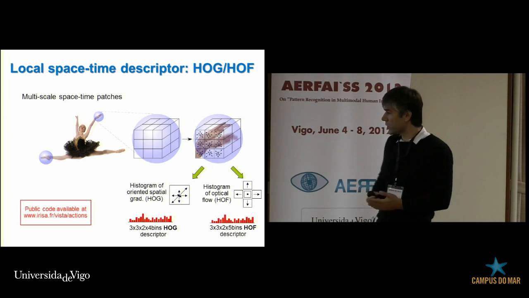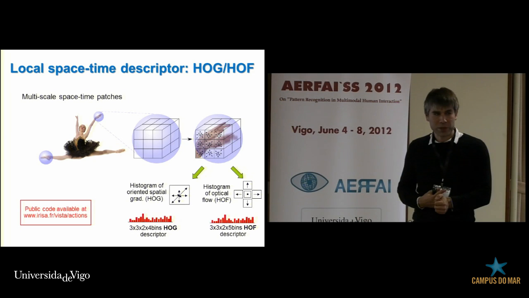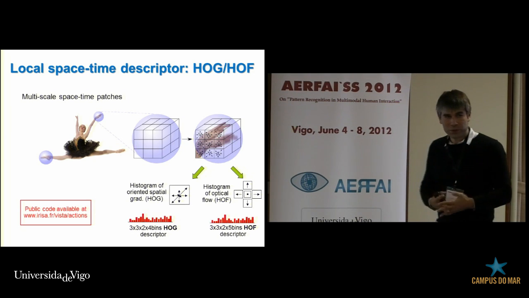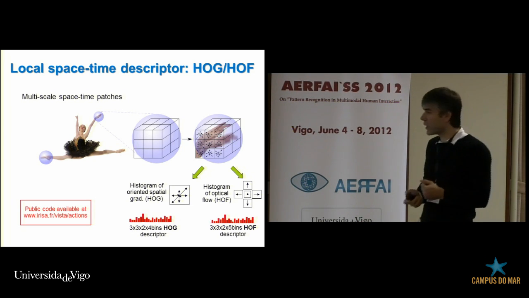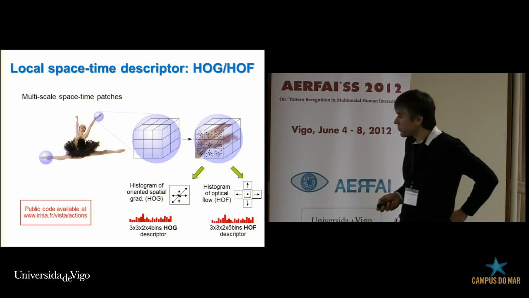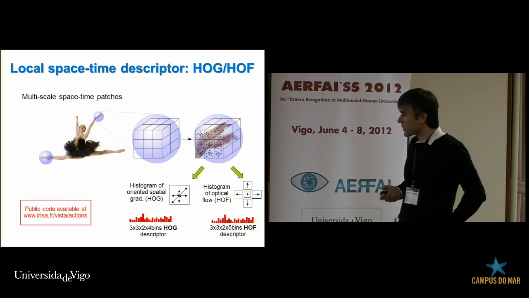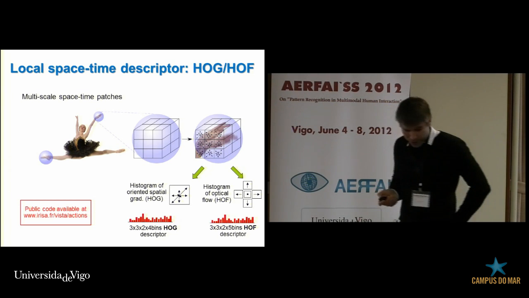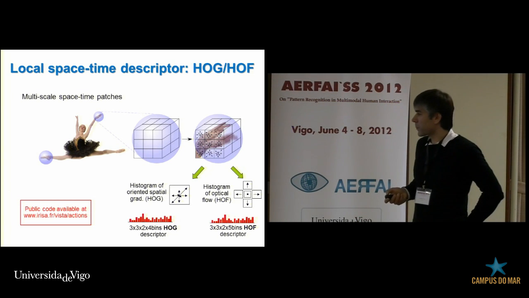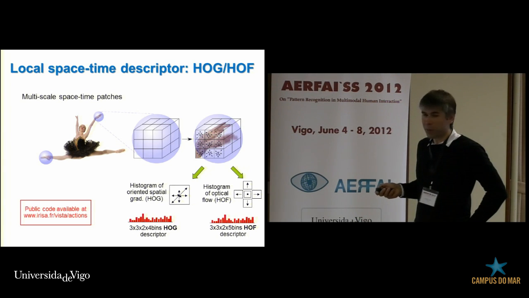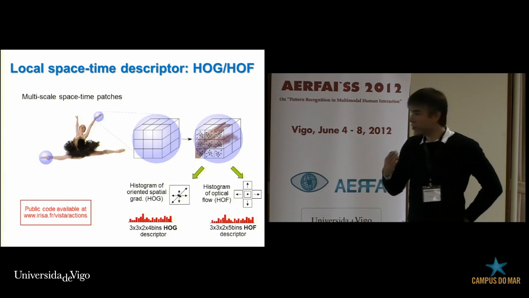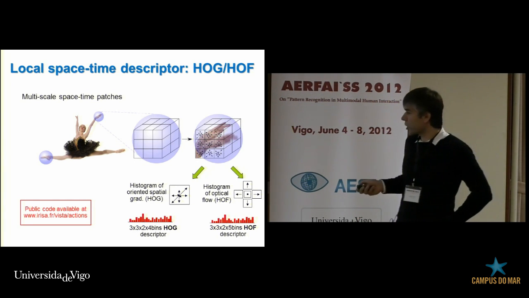But it turns out to be practically better to make descriptors in terms of histograms. As you well know, the SIFT descriptor is a histogram of gradients. Here we experimented with many different descriptors, and these are the ones which seem to work best.